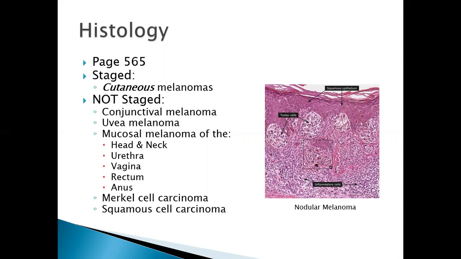Then we also have Merkel cell carcinoma and squamous cell carcinoma of the skin that are not staged using this chapter. They have their own chapters to stage that type of histology. So keep in mind that this chapter is for melanomas only and only cutaneous melanomas.